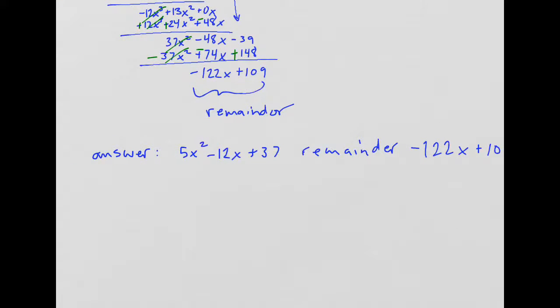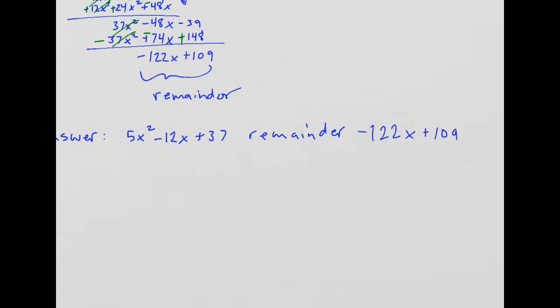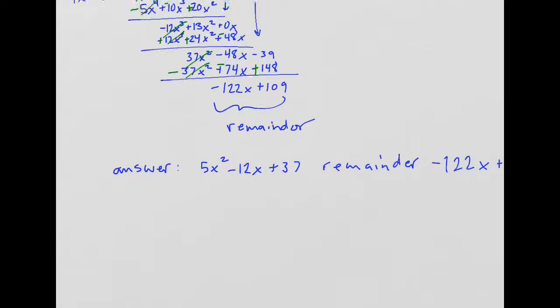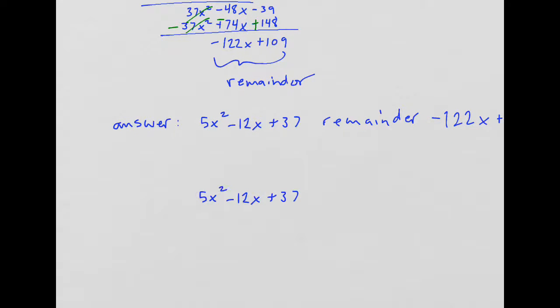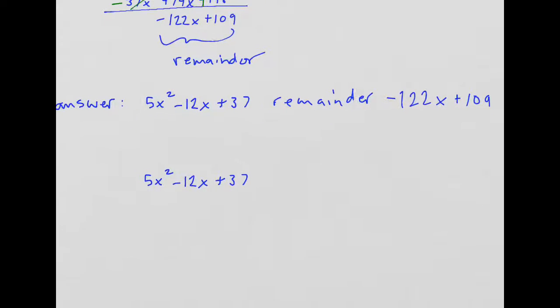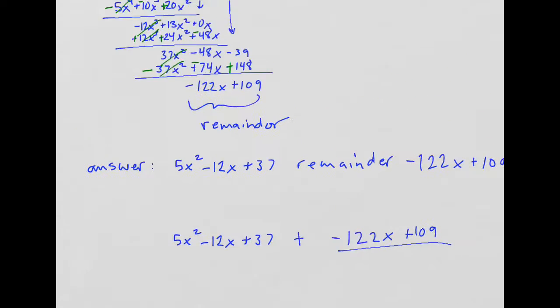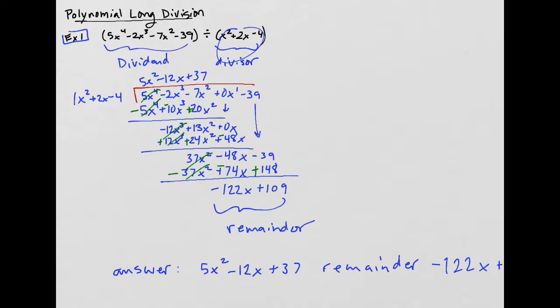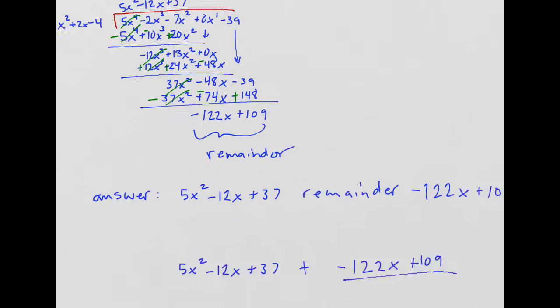But the way that we want to write it, we won't have to write the word remainder. So we're just going to say the quotient. And then we're going to add the remainder, negative 122x plus 109, and we're going to divide it by the original divisor.